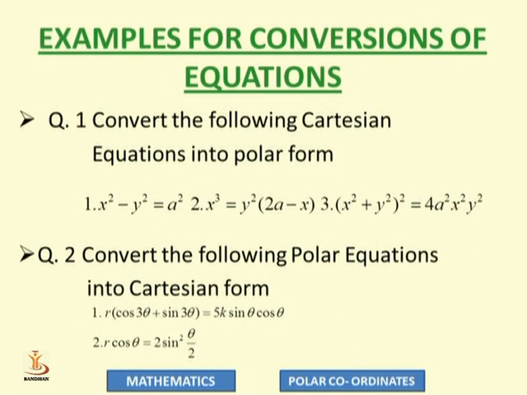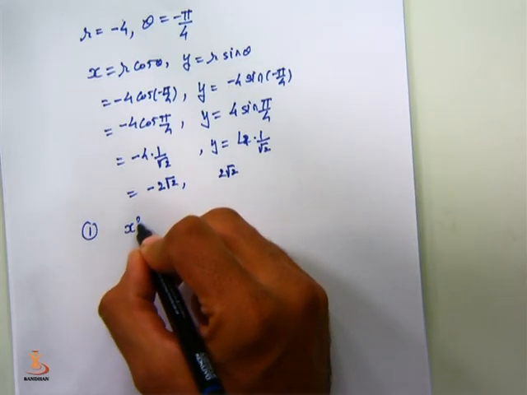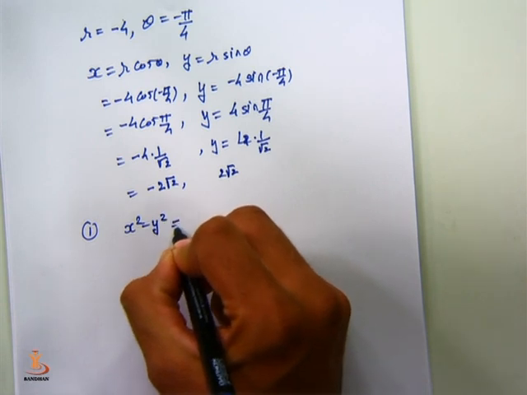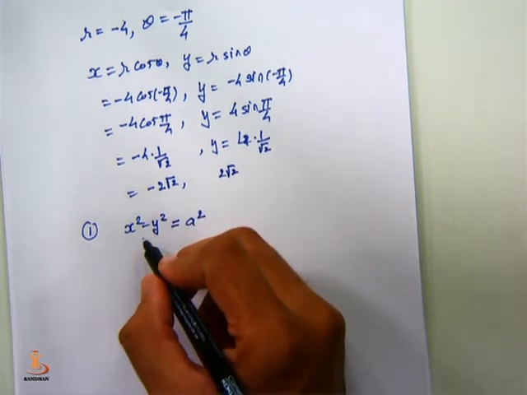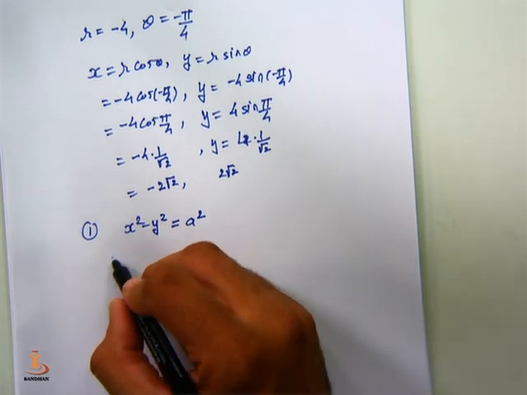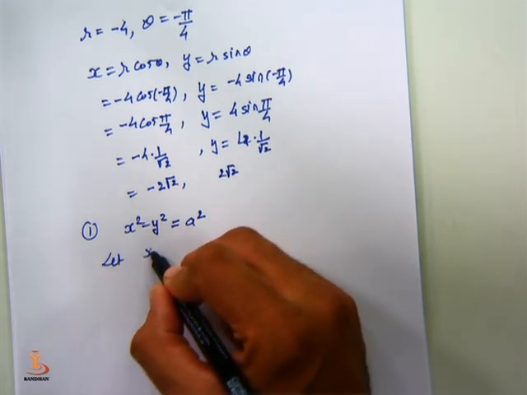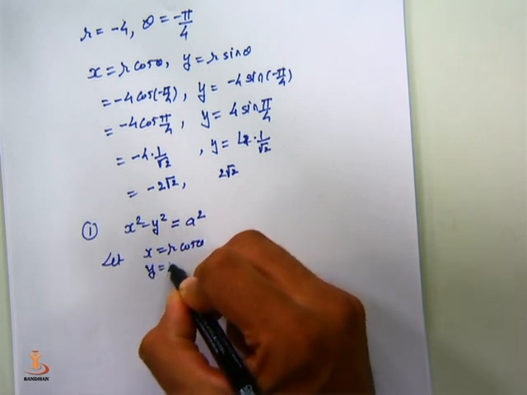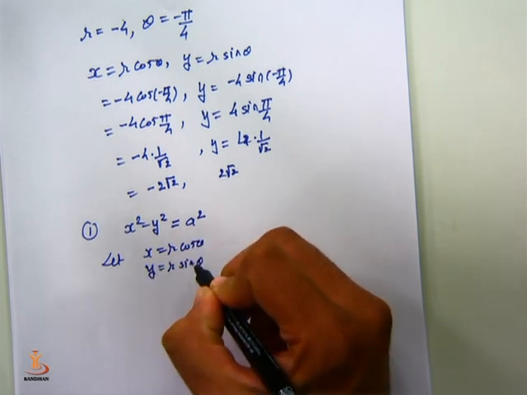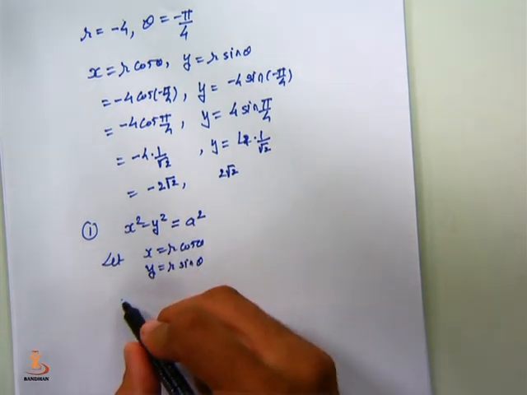Suppose we have to convert one Cartesian equation like x square minus y square equals a square. To do this, we'll use again the same relationship. Let us take x equals r cos theta, y equals r sin theta, and we'll put the same values in the given equation.